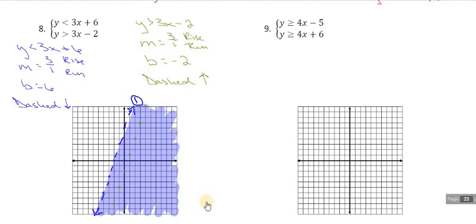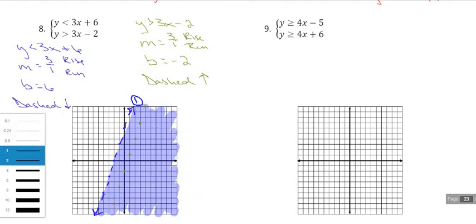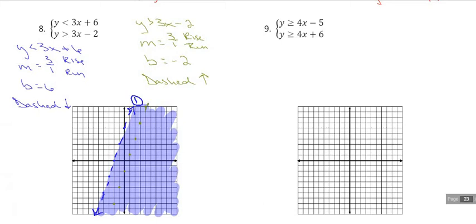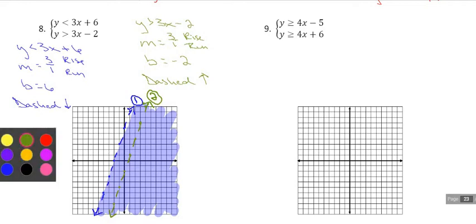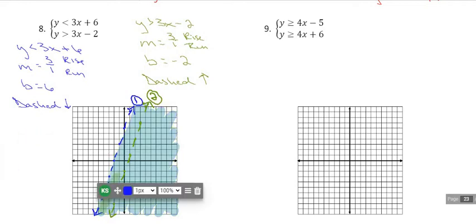All right, so we need to fill in with a dashed line. And we are shading for the second linear inequality above that. So that means above it is going to be this whole region.